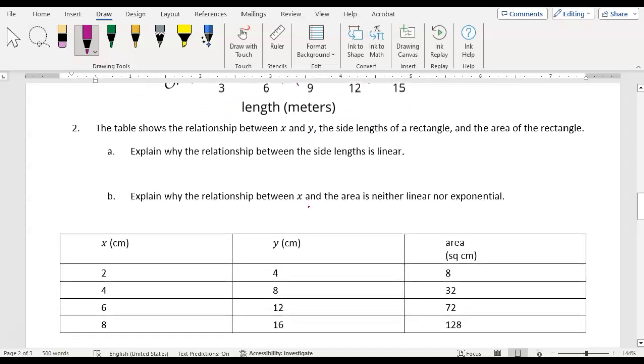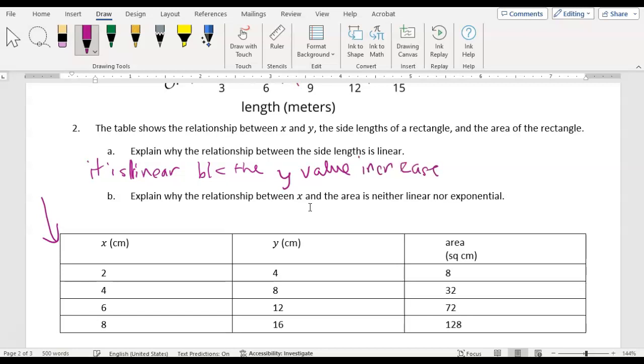All right, the table shows the relationship between x and y, the side lengths of a rectangle, and the area of a rectangle. So we have, again here, x and y, these are side lengths, and then the area. Explain why the relationship between the side lengths is linear. So it is linear because the y value increases by the same amount each time, right?